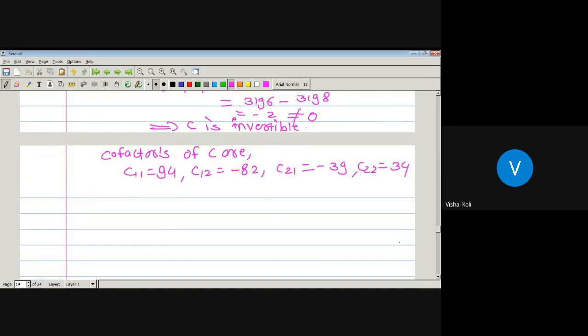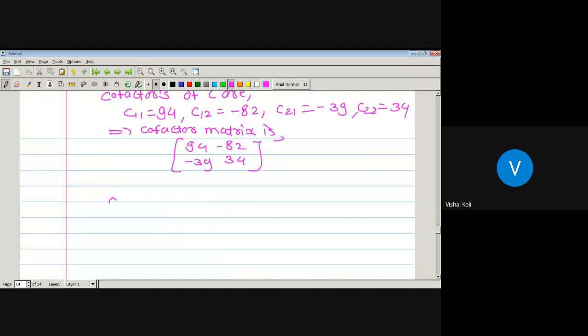So the cofactor matrix is 94, minus 82, minus 39, 34. Now the adjoint of matrix C is the transpose of this.